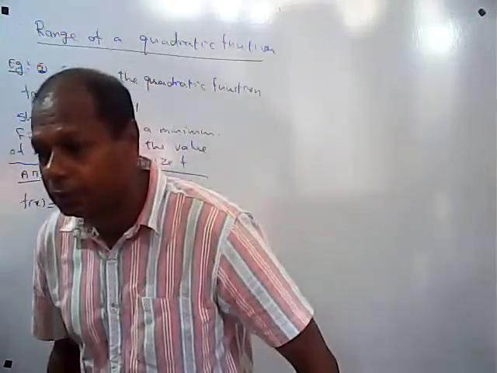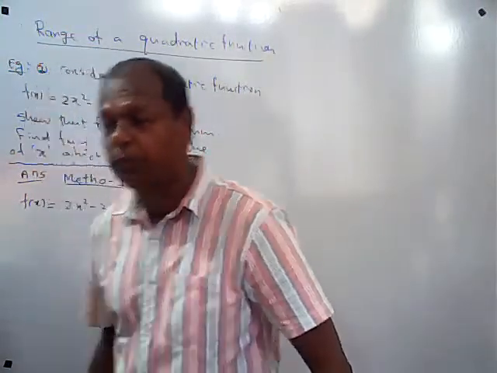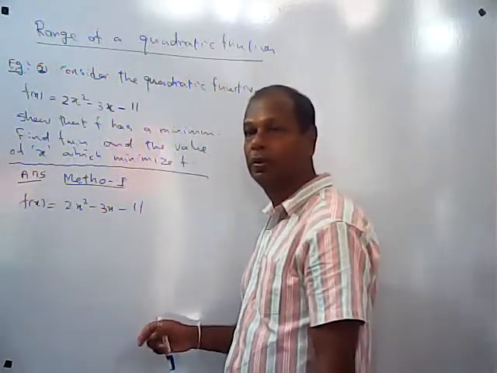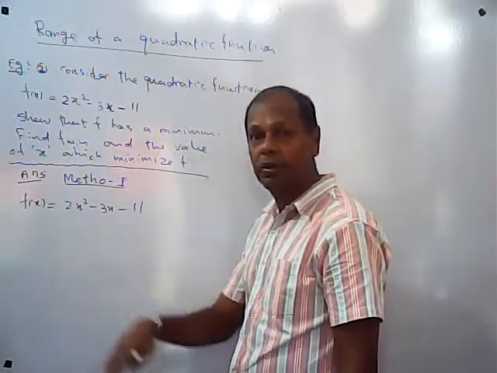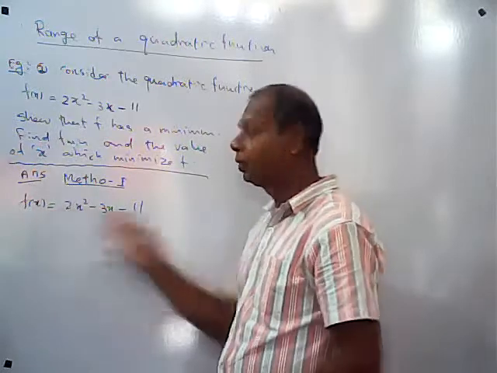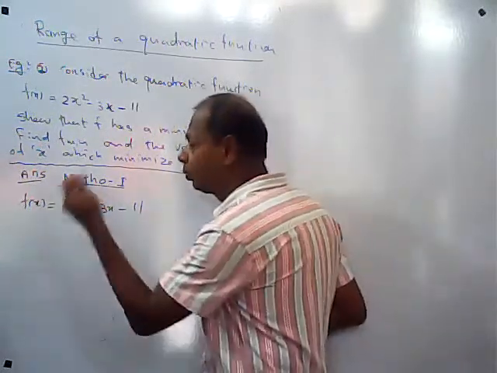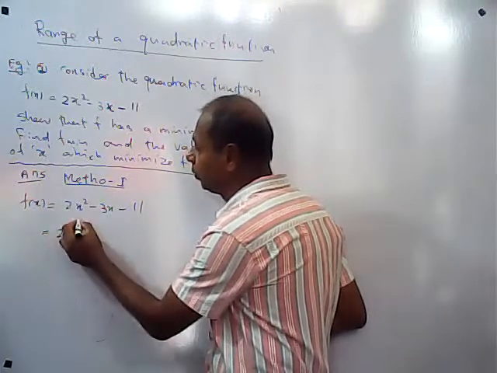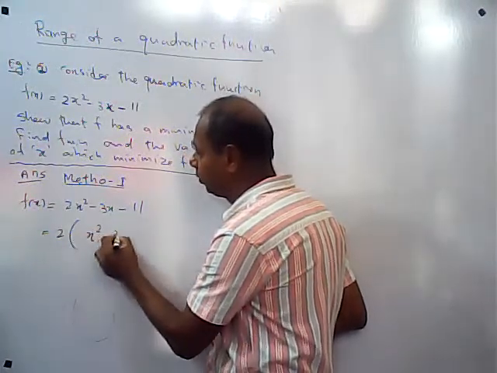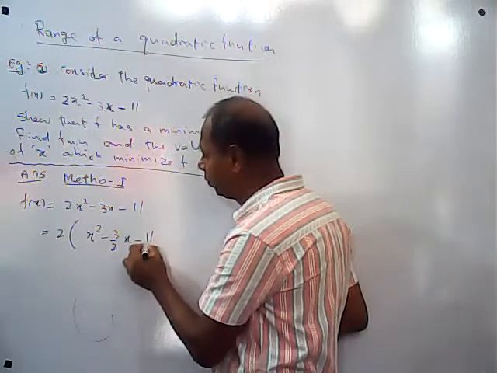What do we do? You can't divide by 2. Instead, you can take the 2 out. Dividing by 2, you are changing what's given. And take the 2 out. So which will give x squared minus 3 over 2 x minus 11 over 2.